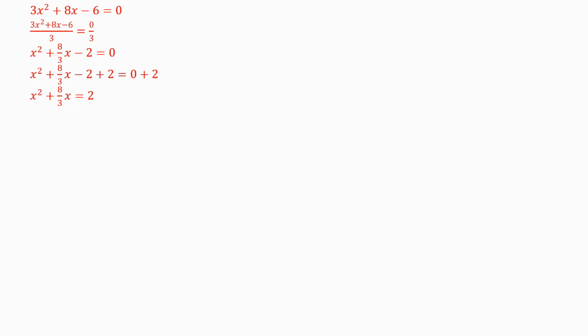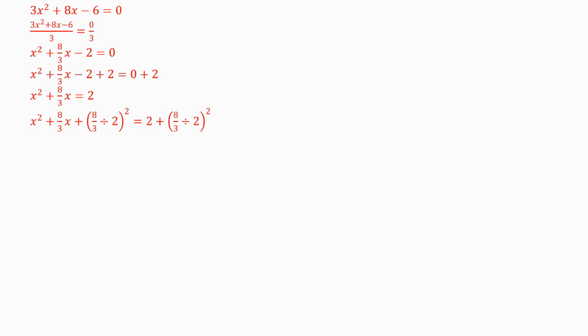Then in the completing the square method, we are supposed to add (b over 2a) squared as the third term, and to do so also on the right hand side. So we shall have x squared plus 8 over 3x plus 8 over 3 divided by 2, which is the same as our b is 8 over 3 and a is 1.